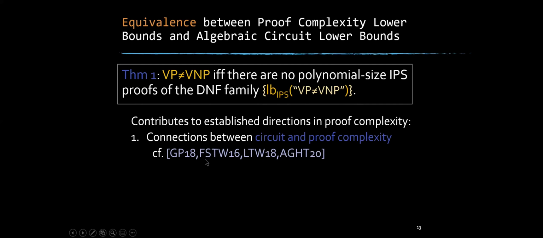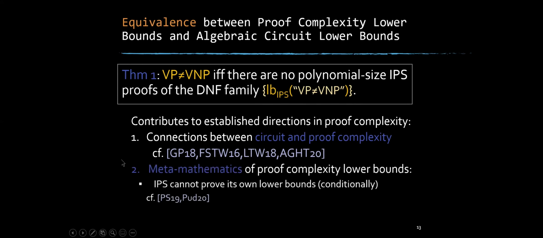Also works by Forbes, Shpilka, myself, and Wigderson, and Li, myself, and Wigderson, and Alekseev, Grigoriev, Hirsch, and myself have discussed and investigated different kinds of connections between circuit and proof complexity in the algebraic settings. Other connections are, and a contribution of this theorem is for the meta-mathematics of proof complexity lower bounds.